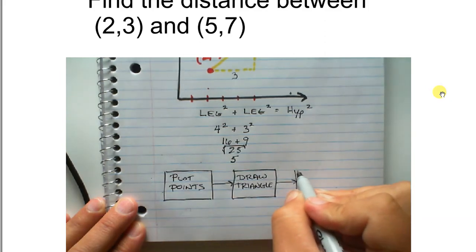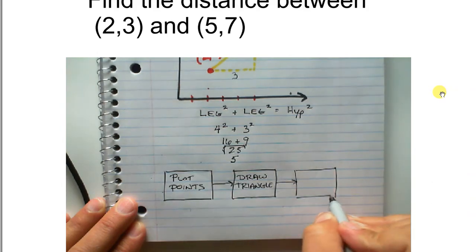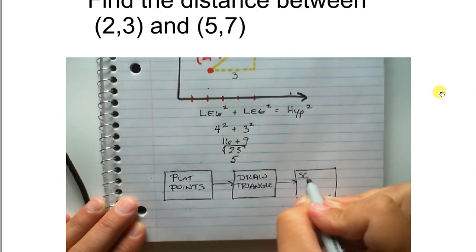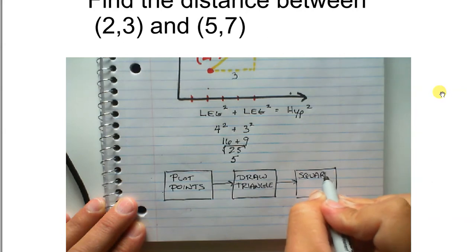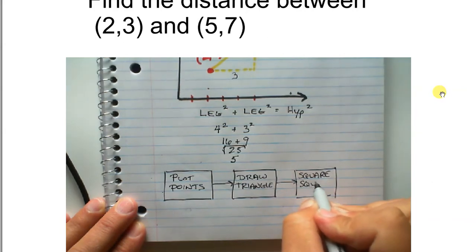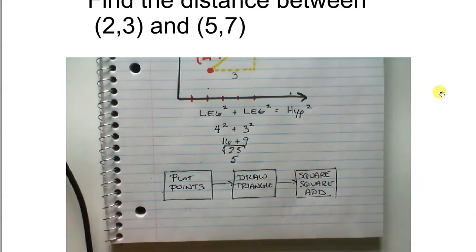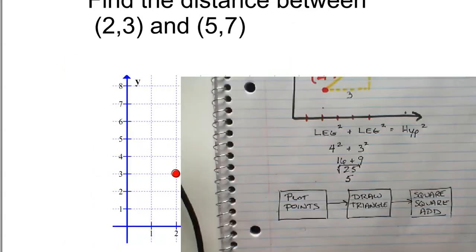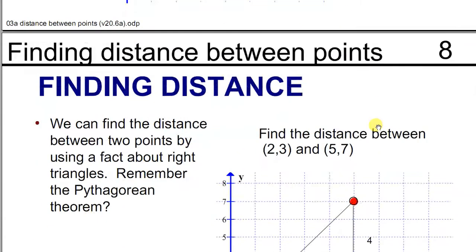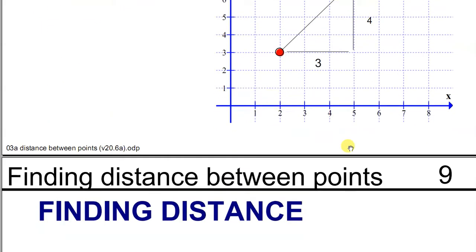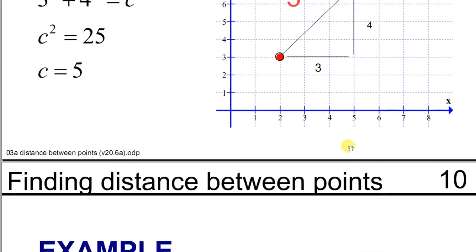And then do square, square, add. Plot the points, draw the triangle, do square, square, add. And I think that's it for our notes today. Let's make sure that's all I need out of the notes. 3, 4, square them. 3, 4, 5. Good.